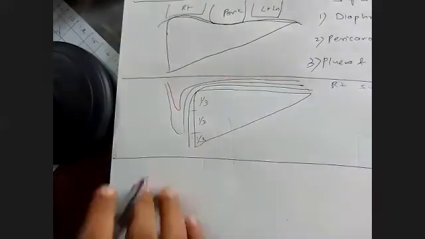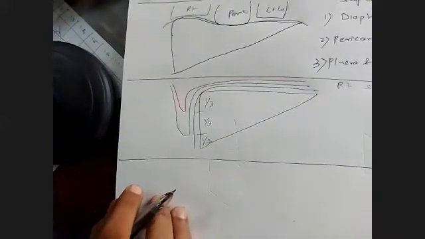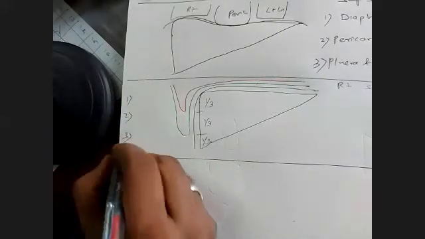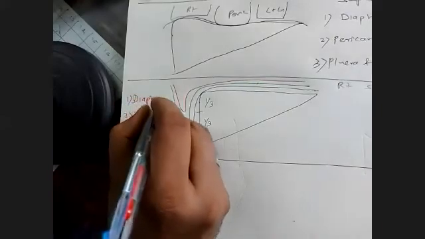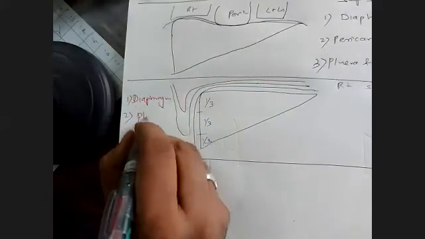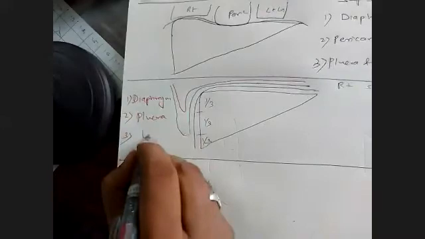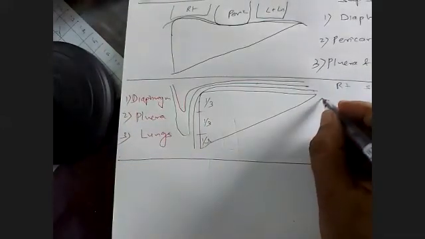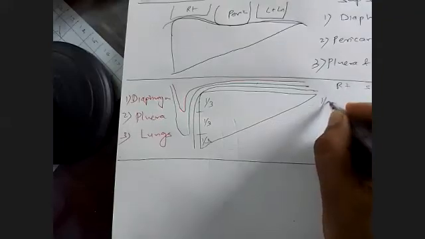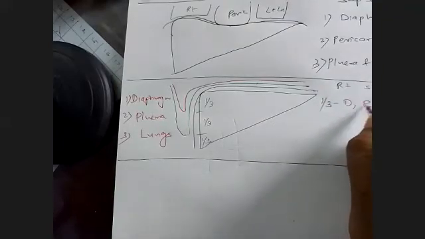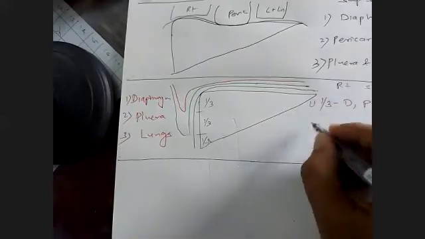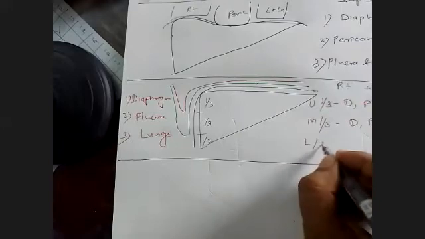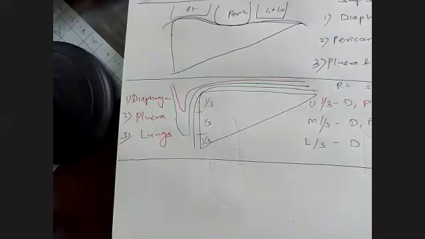So yes, again the right surface is related to 3 things: diaphragm, pleura, and lungs. But in upper 1/3, there is diaphragm, pleura, lung. In middle 1/3, there is diaphragm and pleura, and in lower 1/3, there is only diaphragm.